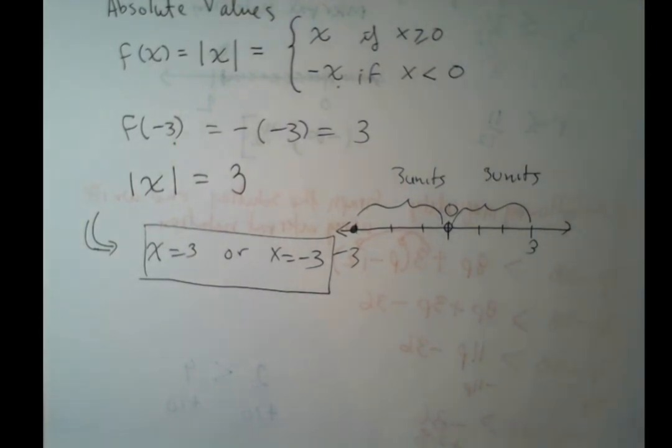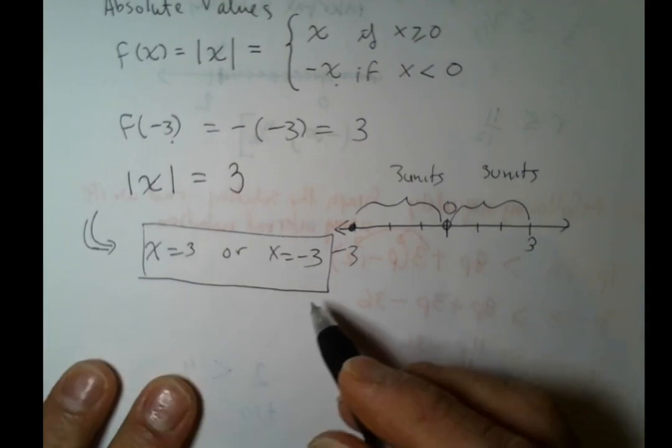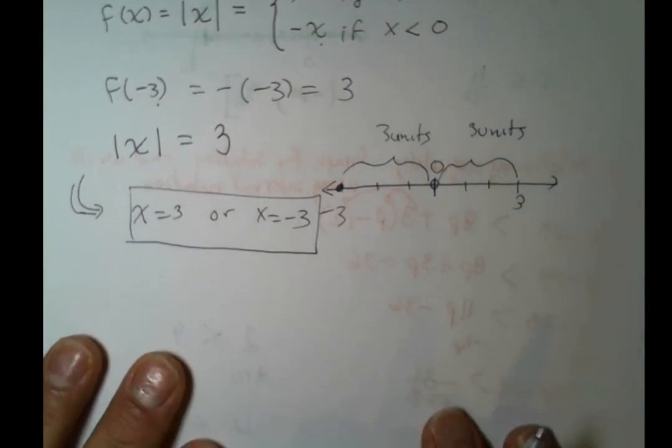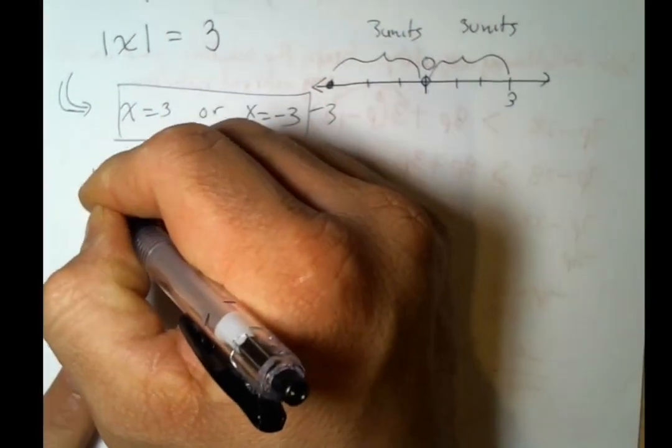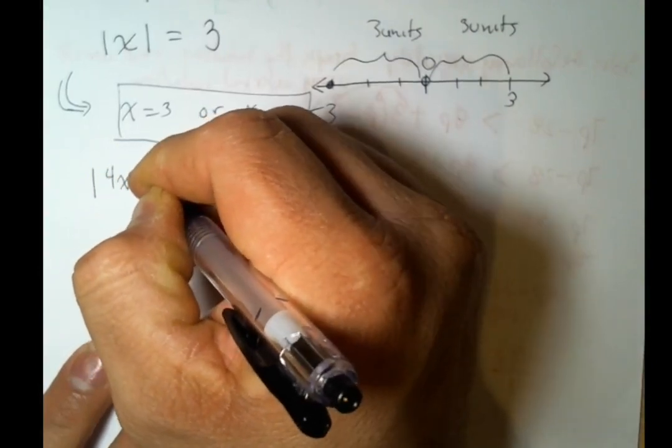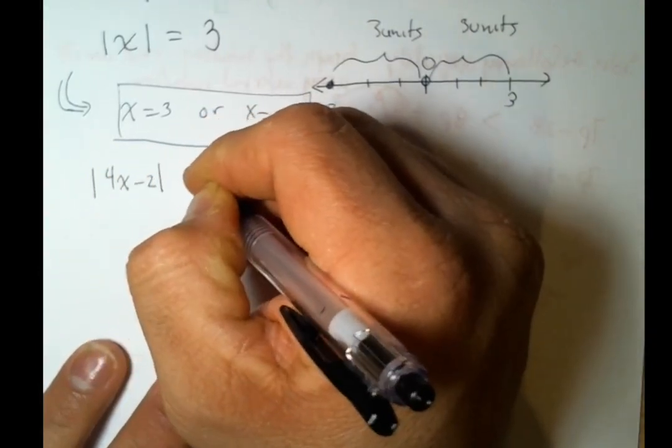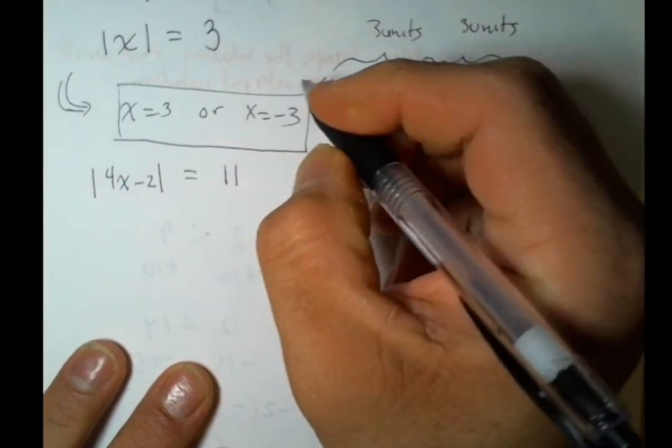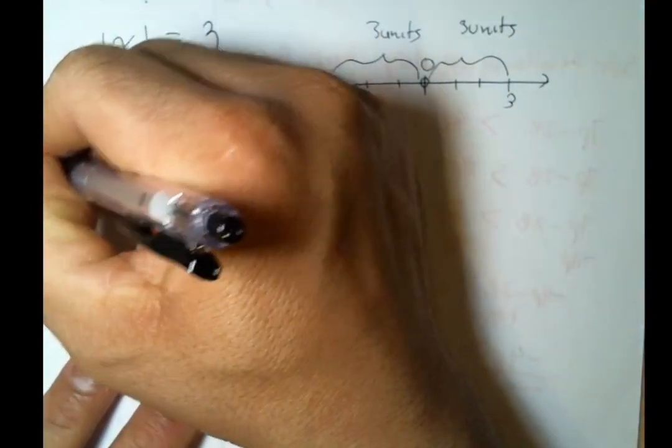All right. Now, how about something a little more involved? Let's say we have the absolute value of 4x minus 2 is equal to 11, and my goal here is to solve.